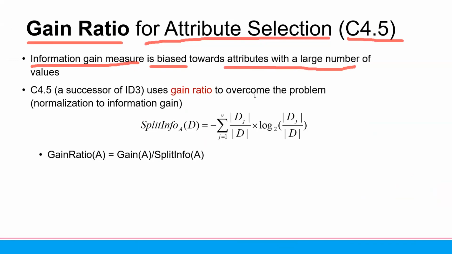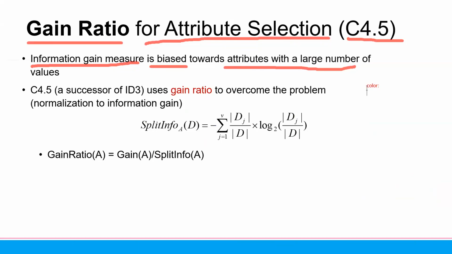For example, the color, as I mentioned to you. In the previous one, we had only 3 categorical values, so it's very good. The student has only 2, yes, no. The age has only 3: higher than 40, 31 until 40, and less than 30.